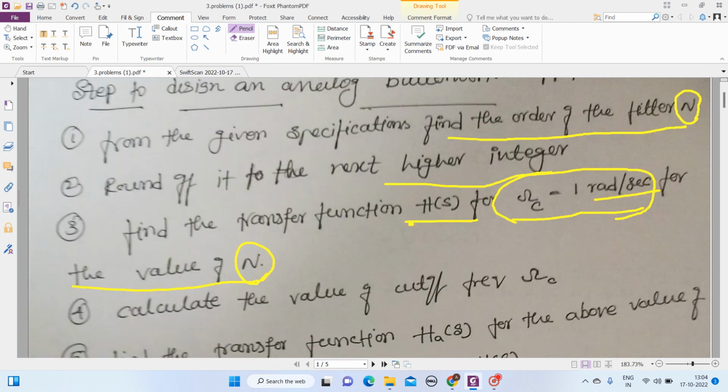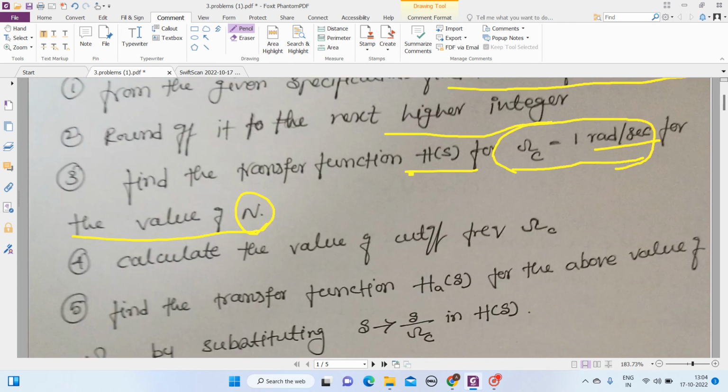The fourth step is calculate the value of the cutoff frequency. This is the new cutoff frequency. Here we have taken the transfer function for the normalized cutoff frequency, 1 radian per second, for the determined value of n, the order of the filter. Here we have to find out the new cutoff frequency.